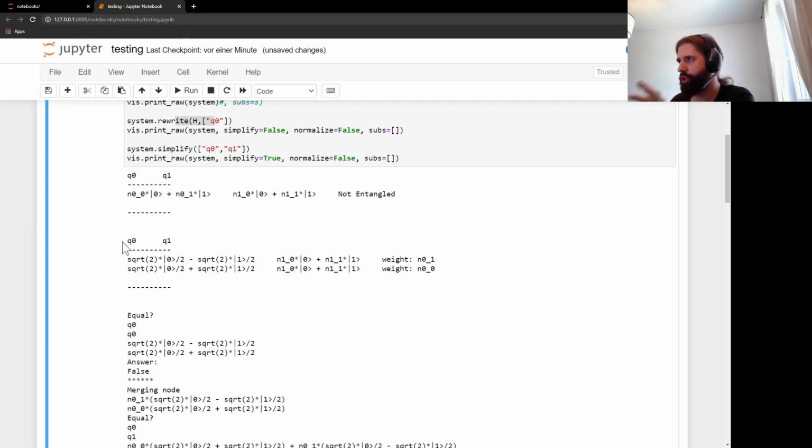But the table tells you the qubit 0 is in this state times n0 and n01 plus this state times these, right? It's just that these things can be simplified away. In this case, it's not that obvious because the coefficients will go back in when we simplify, so we won't be able to do the interference.